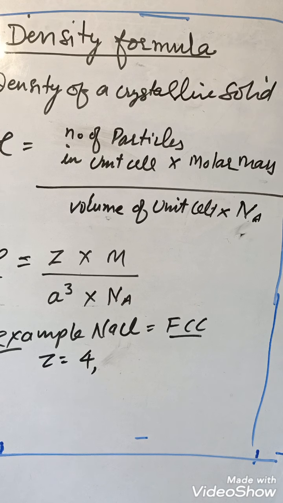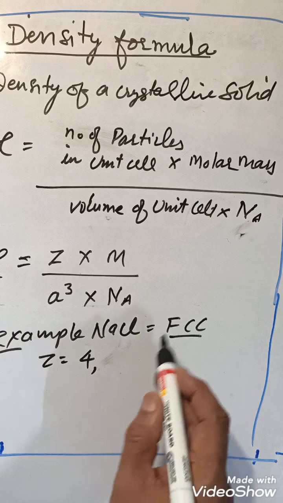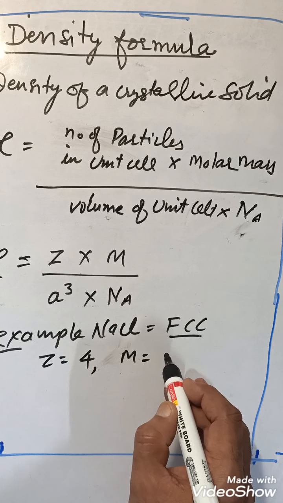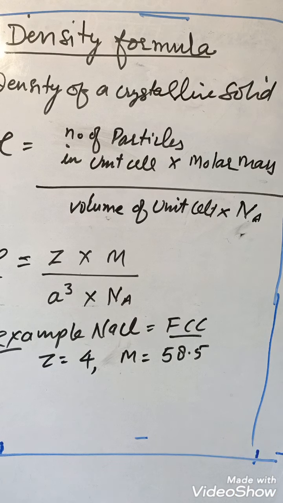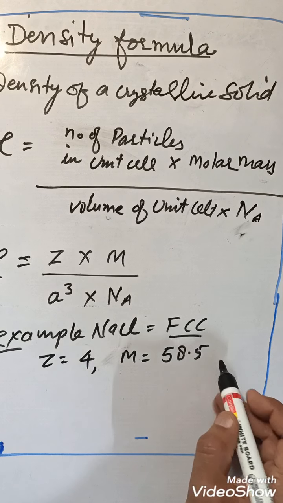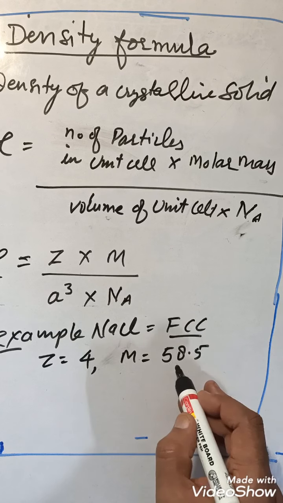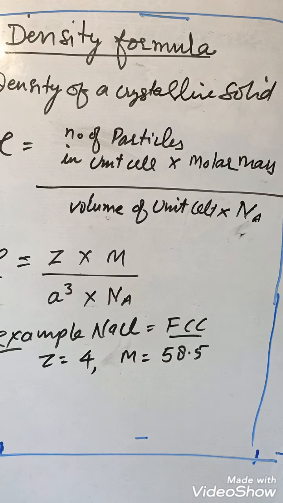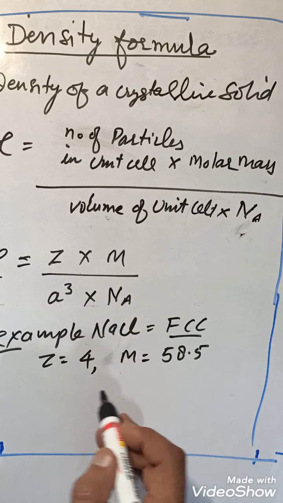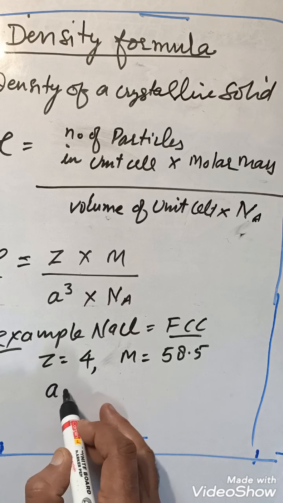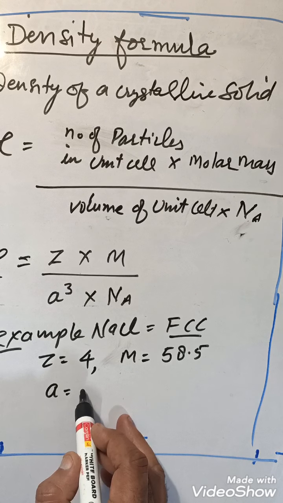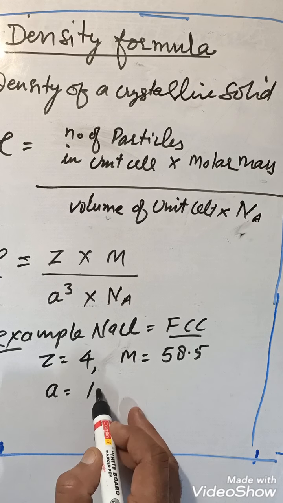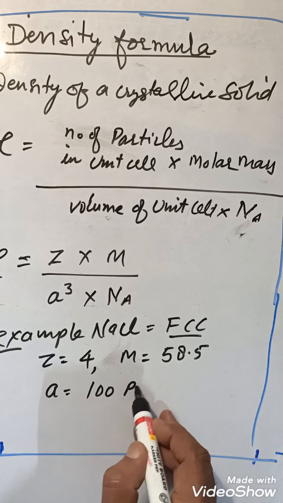4 for face centered. Z is equal to 4, and molar mass of NaCl is equal to 58.5, Na 23, and Cl 35.5. 58.5 gram per mole. And A is equal to, suppose edge length is given 100 pm.